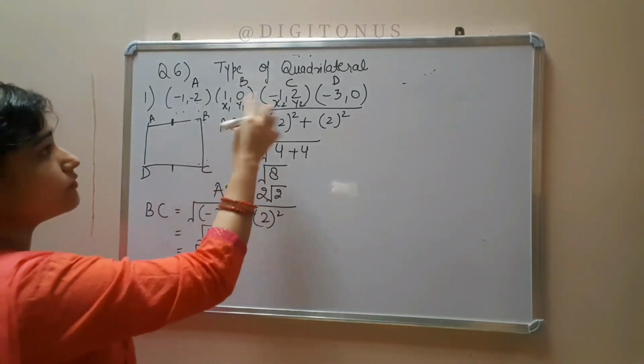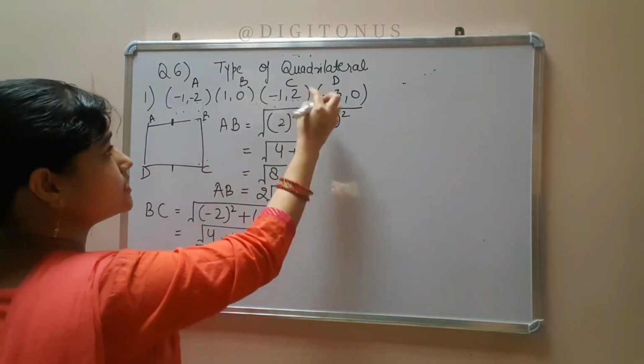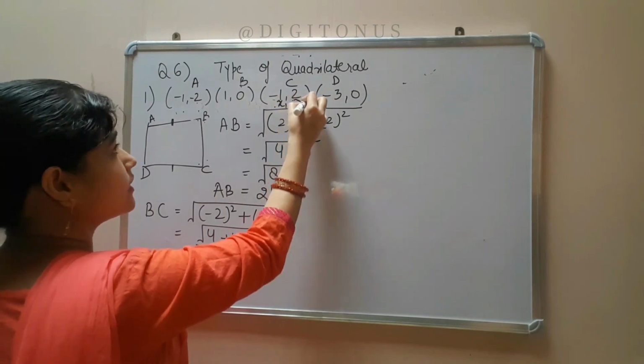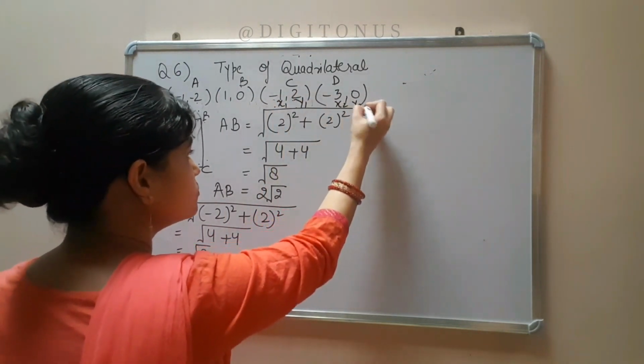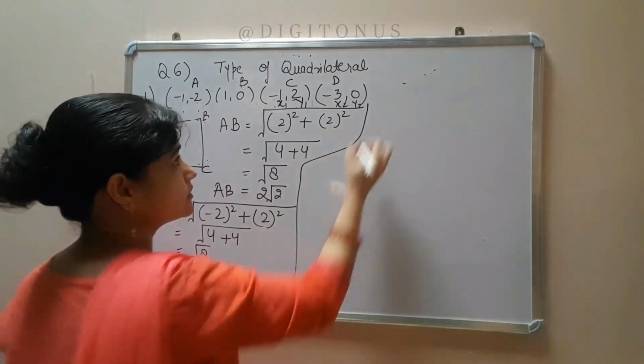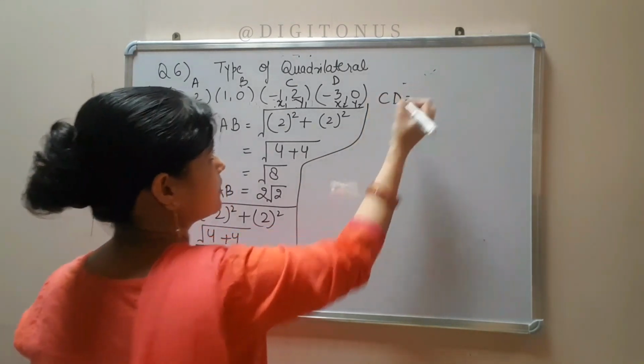Now CD. Now we will work with the coordinate points C and D. So again change the names x1 y1 x2 y2 and you write here CD. Okay.